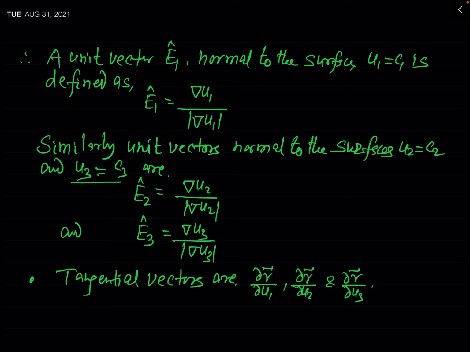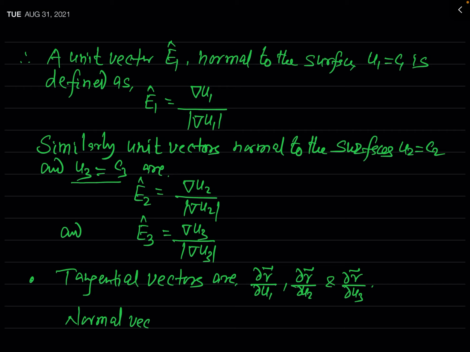These vectors are called tangential vectors because they are tangential to the curves u1, u2 and u3. Similarly, normal vectors means vectors along the normal direction of the coordinate surfaces.